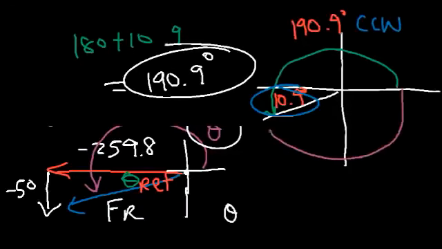Now if you choose to go this way, that's going to be 360 minus 190.9. So that's the same as going 169.1, but clockwise, in the direction of a clock, from the positive x-axis. So you have different ways of describing the location of the resultant vector.